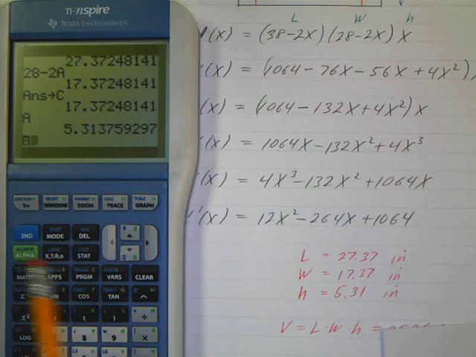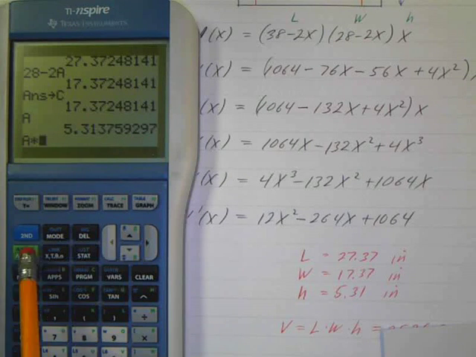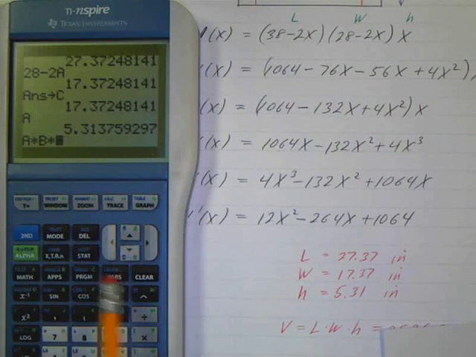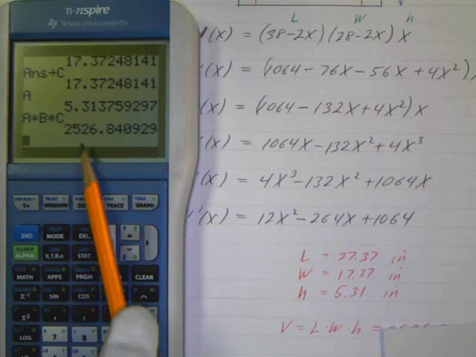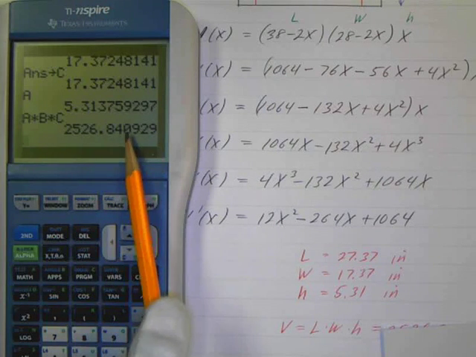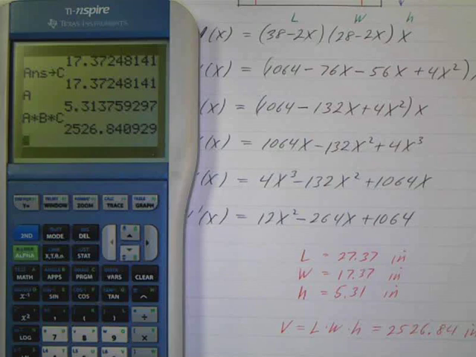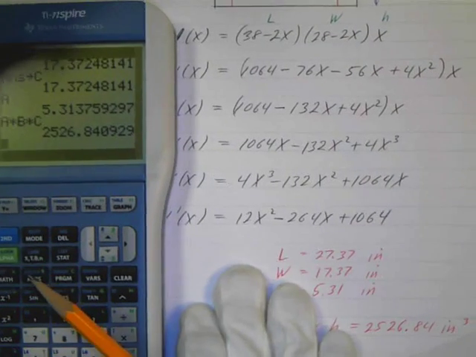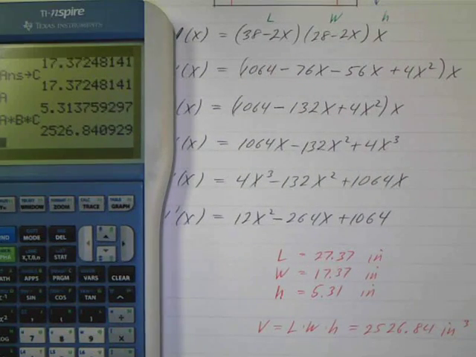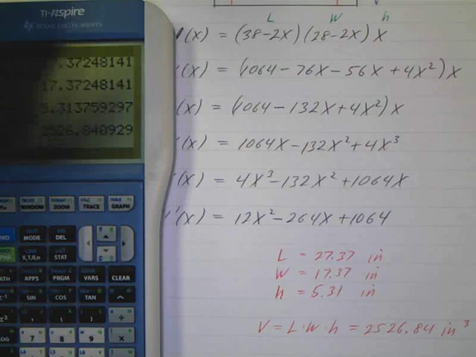So I'll just take alpha A times alpha B times alpha C, and that's going to give me the volume, and I press enter, and I get 2626.840, and that's 0, so I just drop it, and there's your volume. And that's going to be inches cubed. Just slide this over a little bit like that, so you can see your units, and there you go.